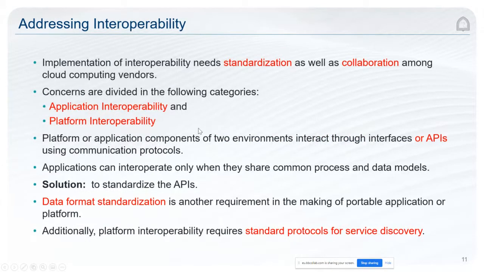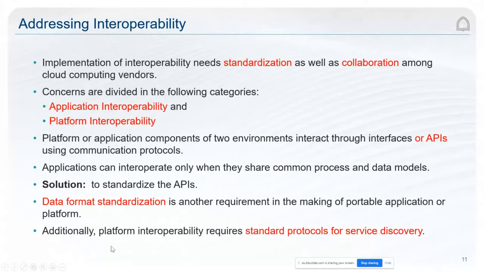For the interoperability, it is like two different cloud service providers want to communicate to each other or to collaborate, you can say. So we have two different concerns here for interoperability, the application interoperability and the platform interoperability.